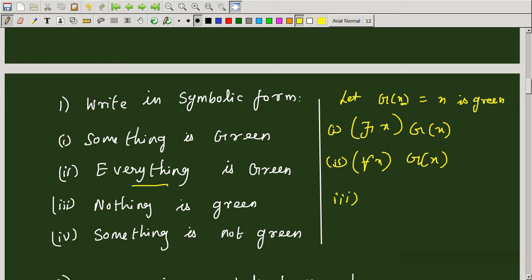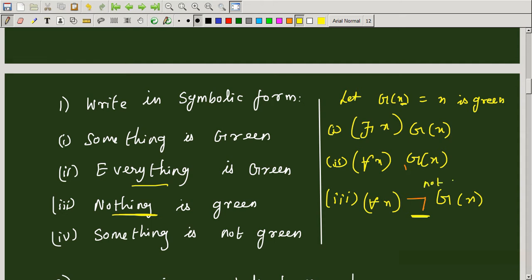And third, nothing is green. Nothing means it is a negation: all the things are not green. So for all x, negation g of x. This is important. Nothing is green means for all x, everything is not green.